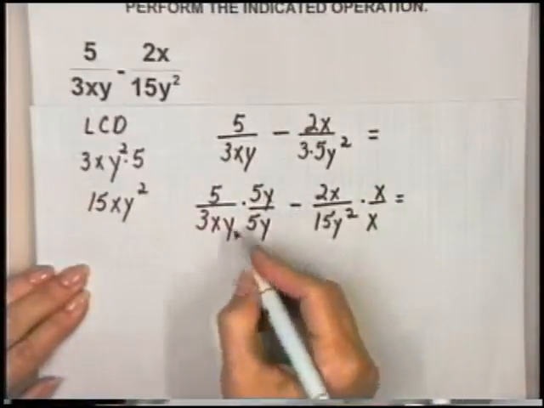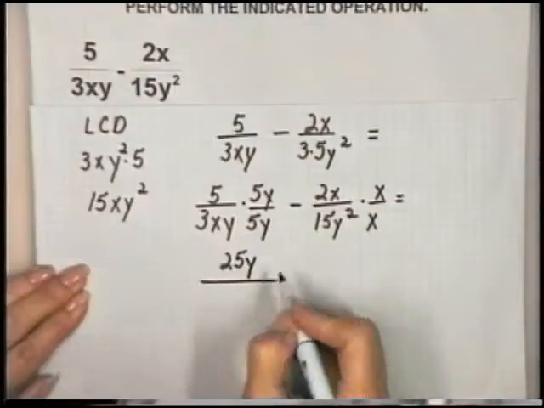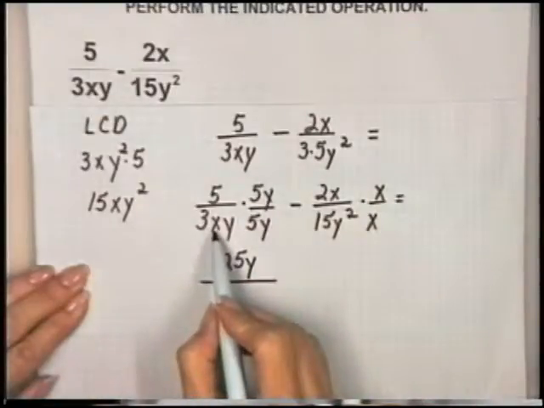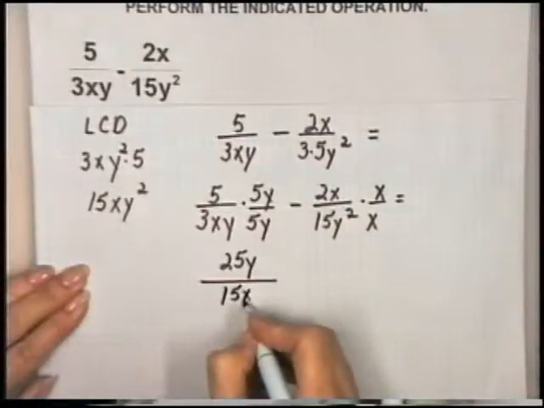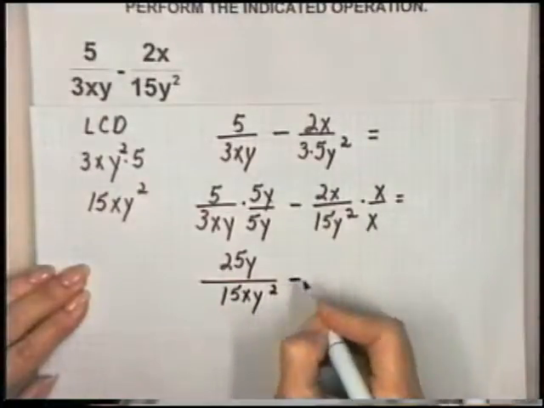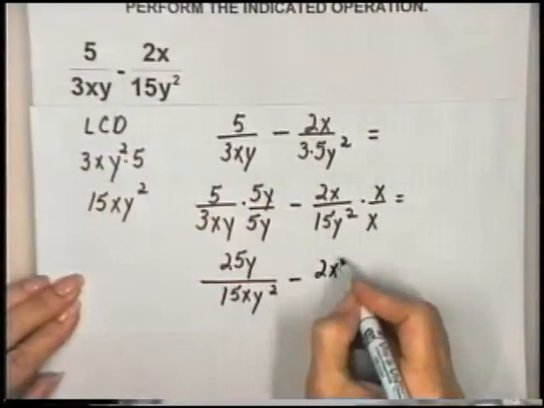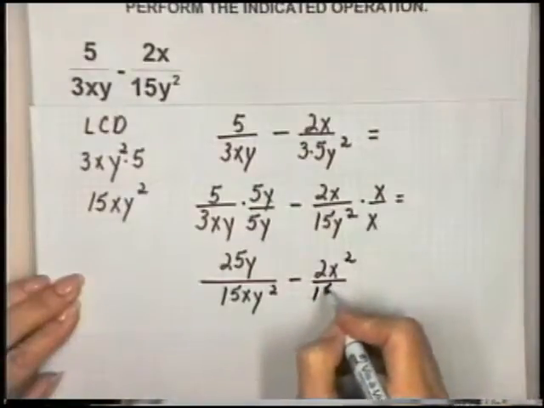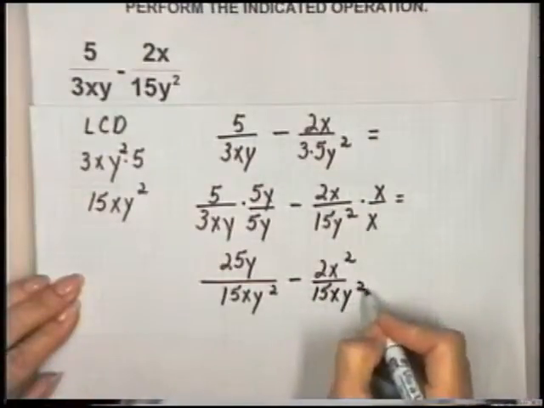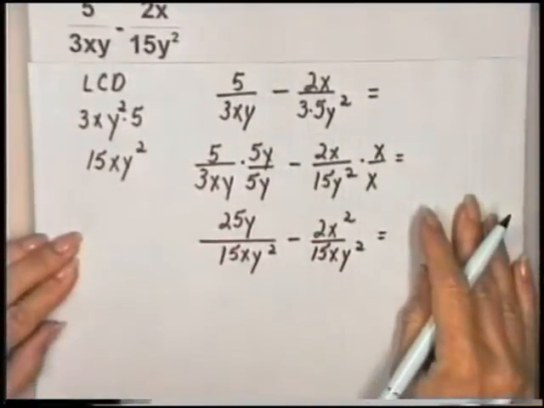For my equivalent fractions, 5 times 5y will give me 25y. 3xy times 5y will give me 15xy squared. Subtract 2x times x will give me 2x squared. 15y squared times x will give me 15xy squared. My denominators are now the same.